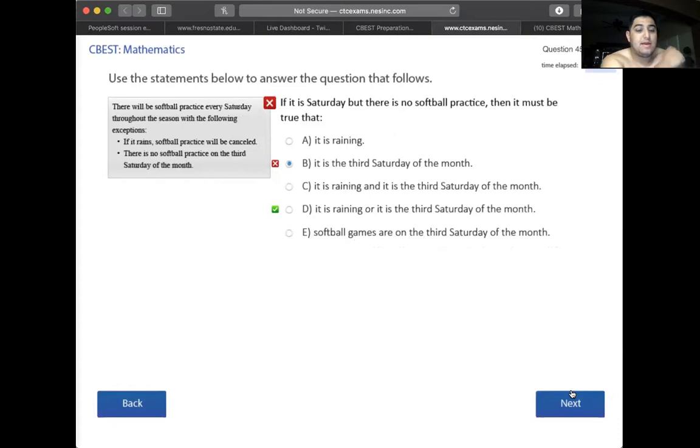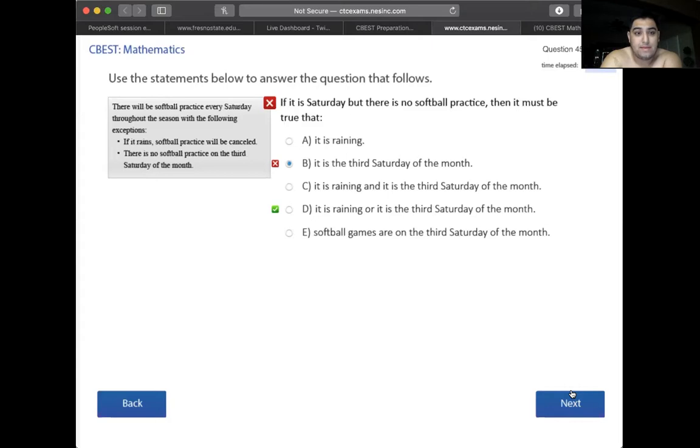Now, keywords, obviously. Softball practice every Saturday, but the two exceptions: if it rains, that's a key part, and softball practice will be canceled. Canceled is a keyword too.